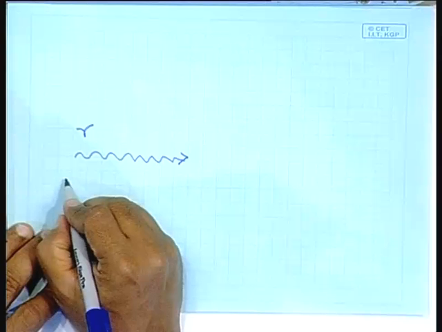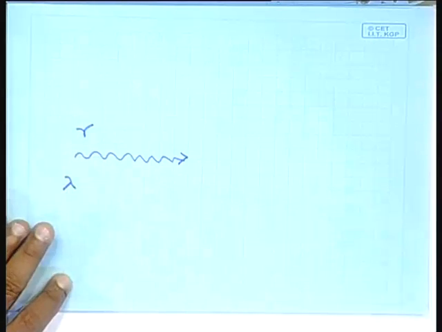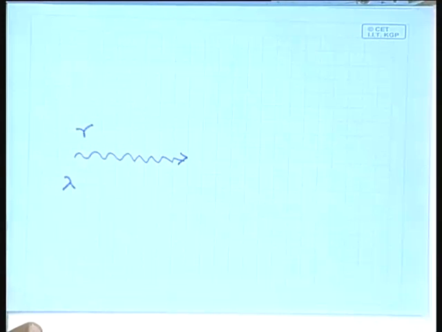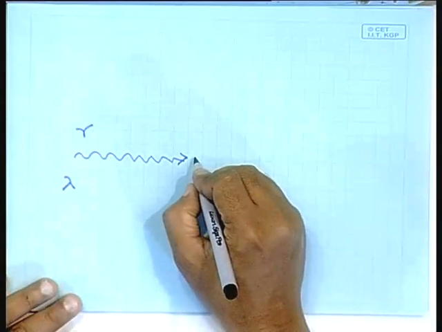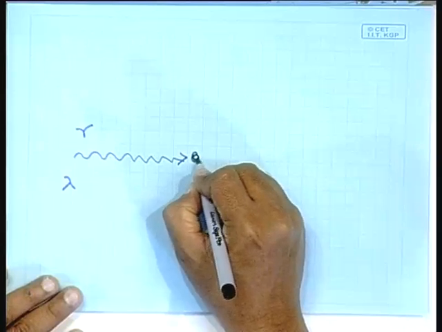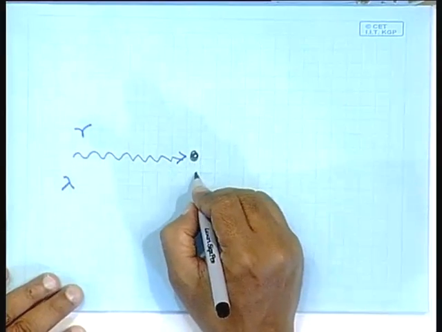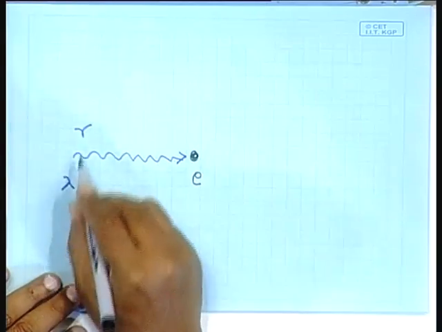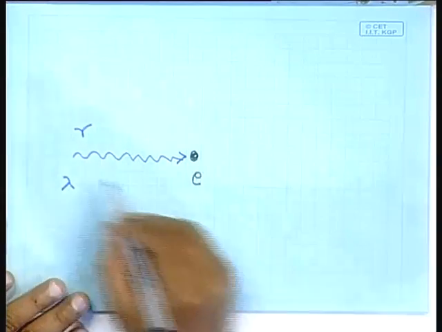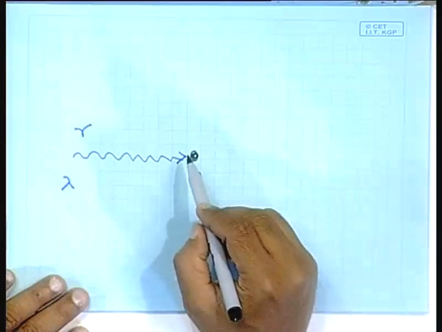This photon has wavelength lambda. It is incident on an electron. So this is my electron which is at rest. So this is a particle now. So one particle is incident on another. So the photon I am going to represent by gamma and the electron by E. So there is one particle over here which is incident on another.